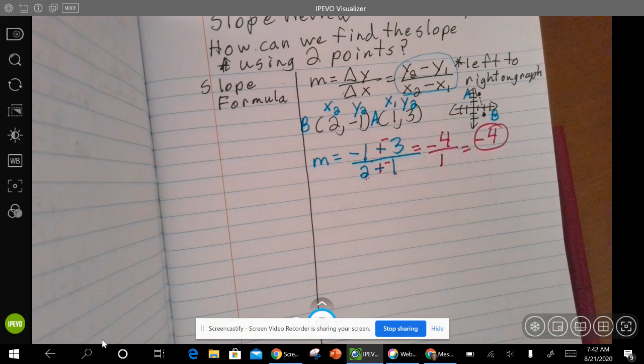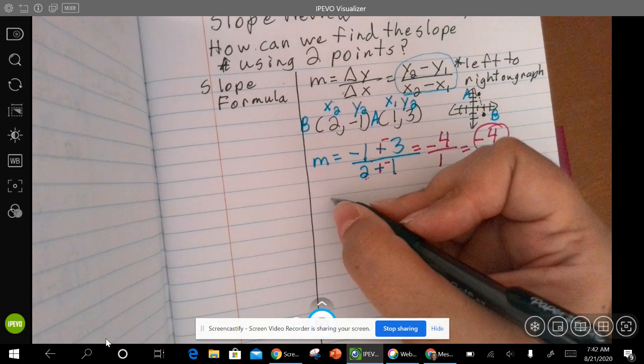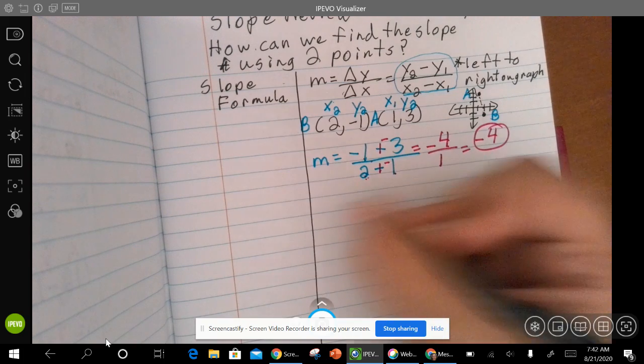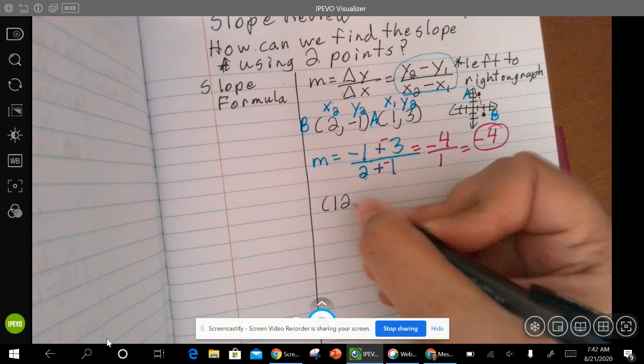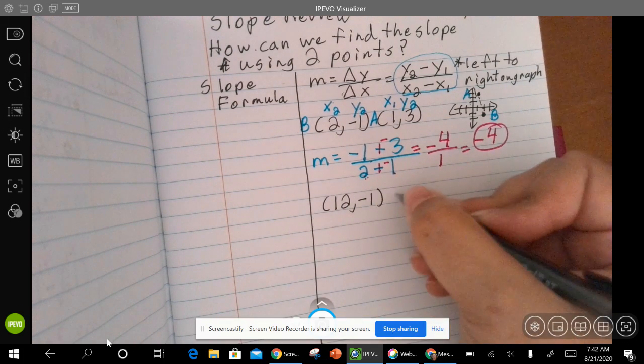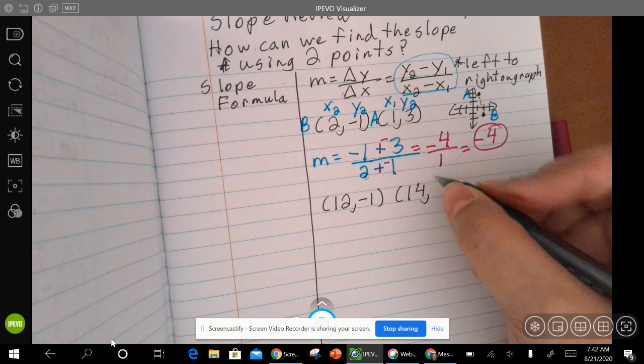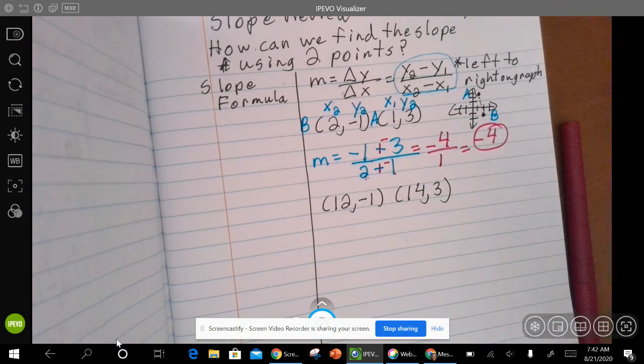Okay, let's do another example. So I have 12, -1, and a 14, 3. Another way everybody can do is just look at the x value.